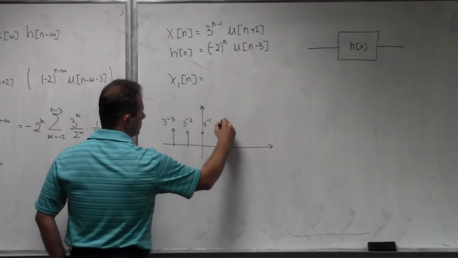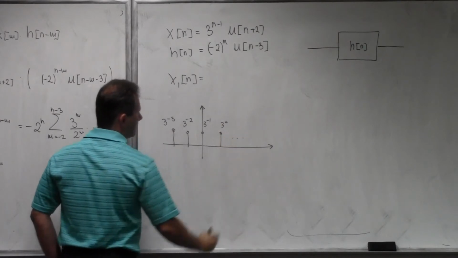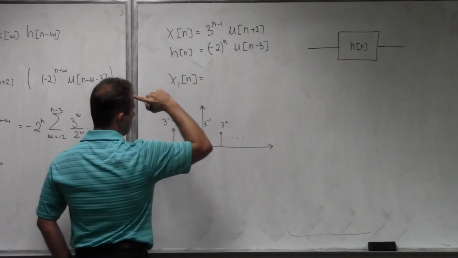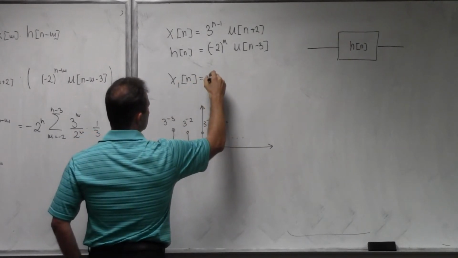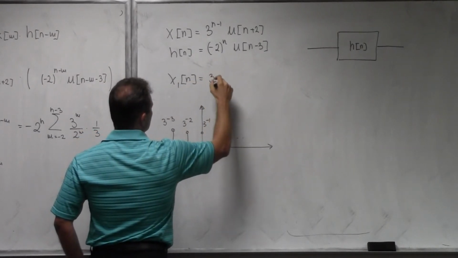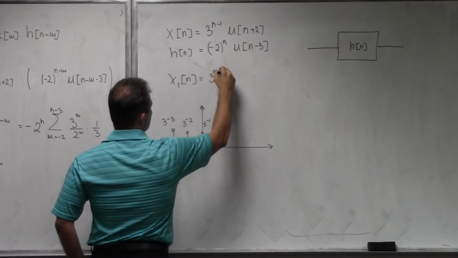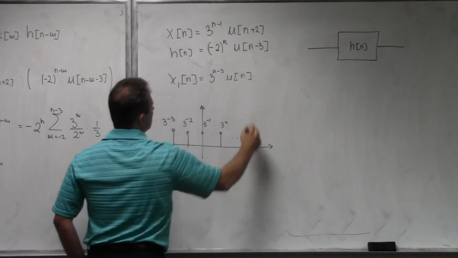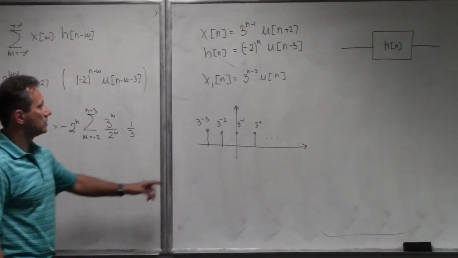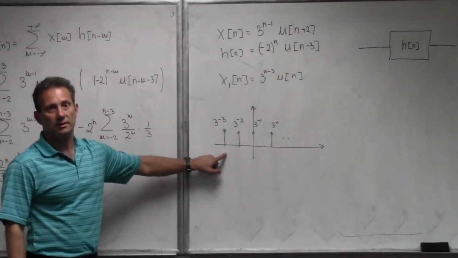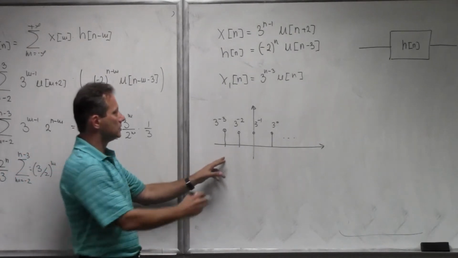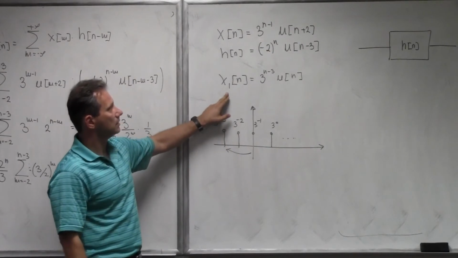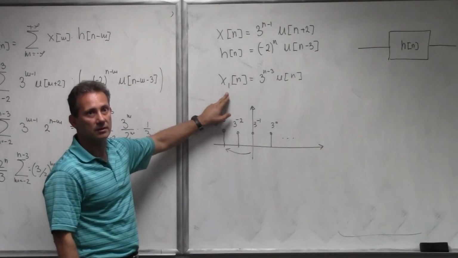And then it goes 3 to the 0, and so on, right? So if I define a signal x1 of n that says something like this, 3 to the n minus 3, u of n, that signal starts at 0, and it looks exactly like this, right? It just starts at 0. It moves to the 0 point, okay? So that's the first signal.